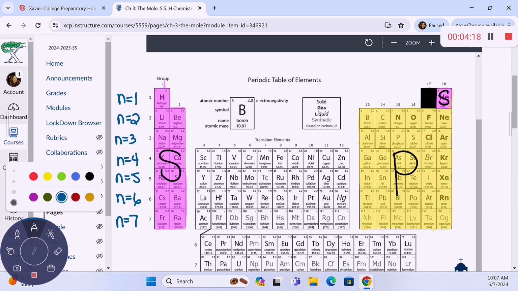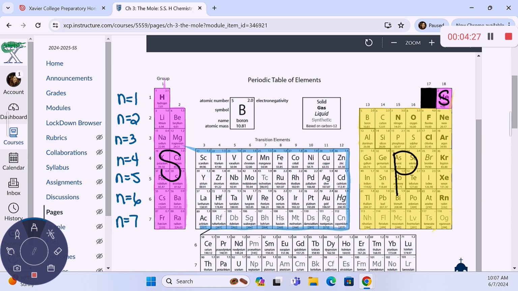Okay, and then I'm going to color the middle blue. These are the D's.